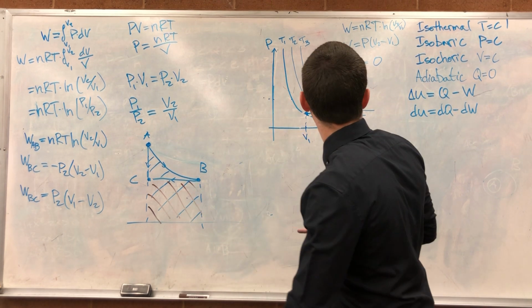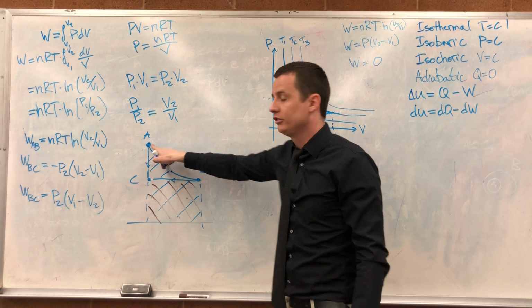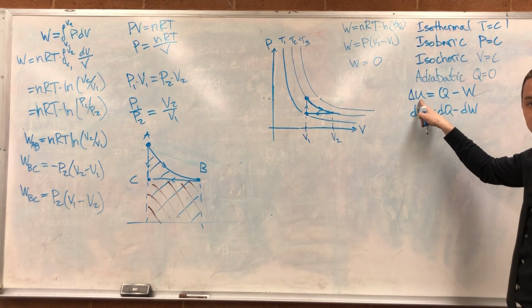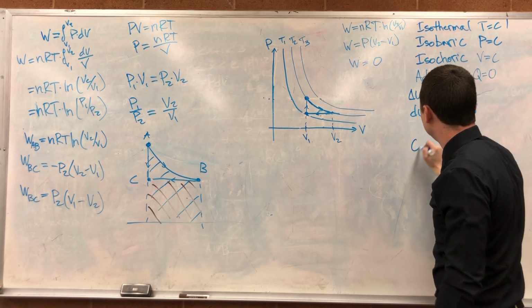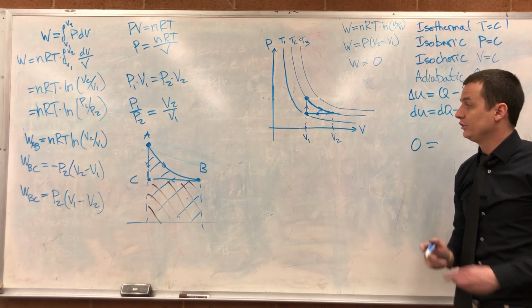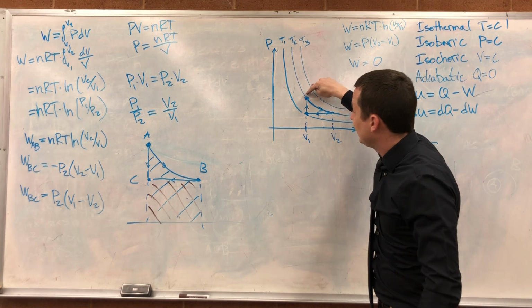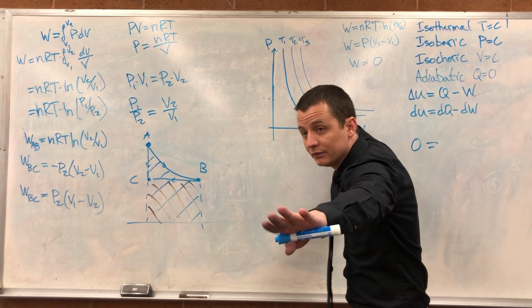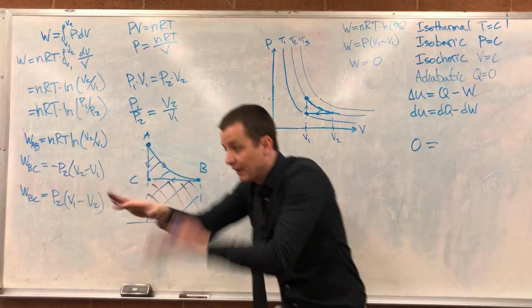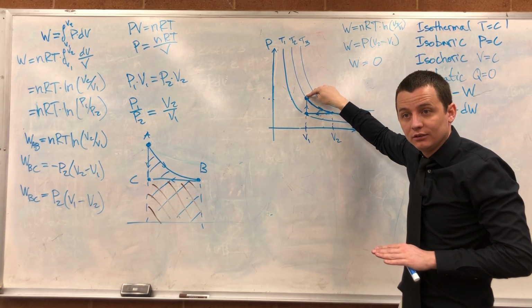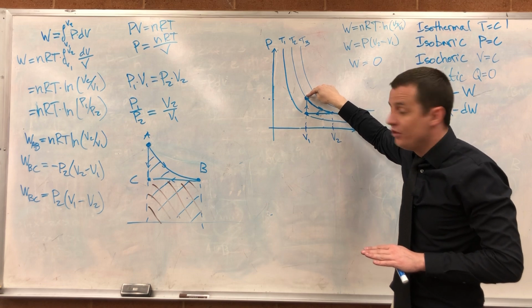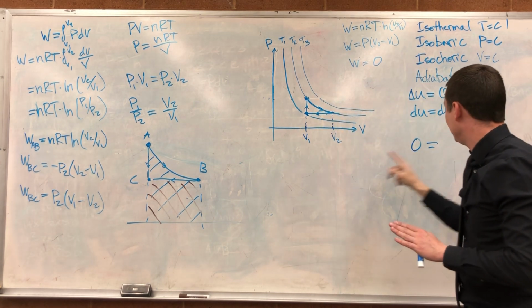Look, when we take this thing on a loop from start to finish, what is its change in internal energy? The change in energy is zero. If I take the gas, and you close your eyes, and I do all these weird things with the gas, and then when it's all said and done I leave the gas right back exactly where it started, then the net change in internal energy is zero.